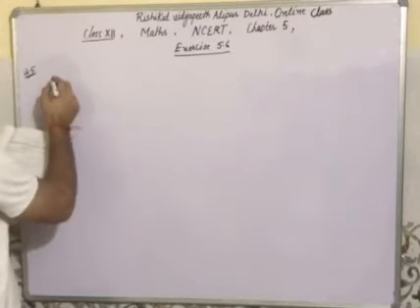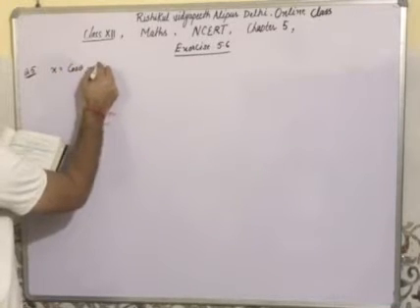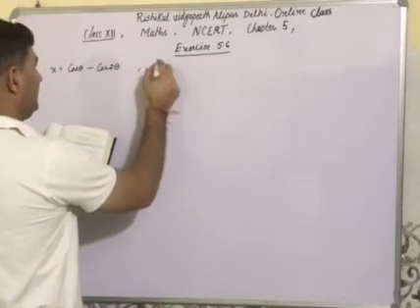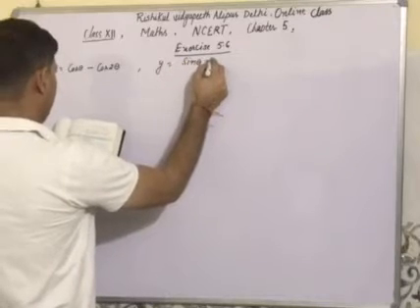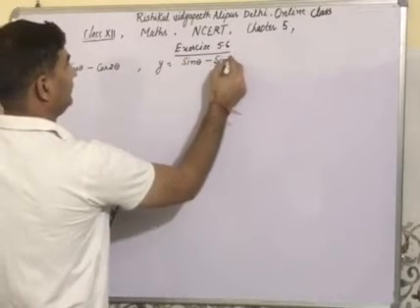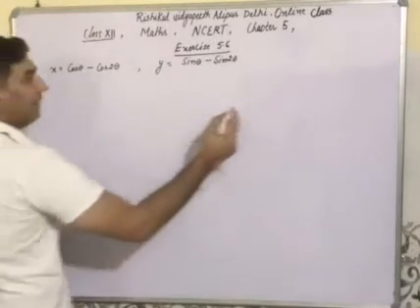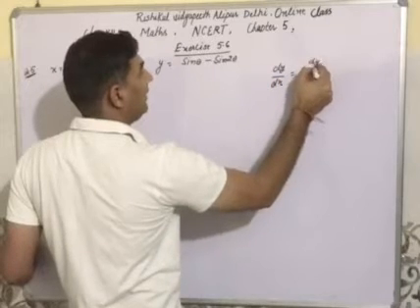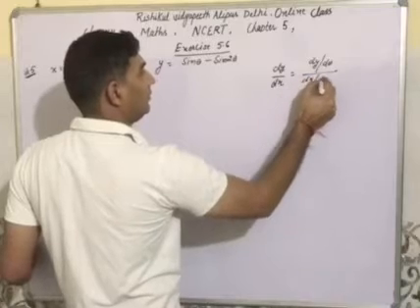Question number 5. X is equal to cos theta minus cos 2 theta and y is equal to sin theta minus sin 2 theta. Then dy by dx is equal to dy by d theta upon dx upon d theta.